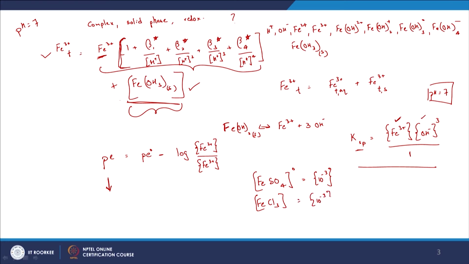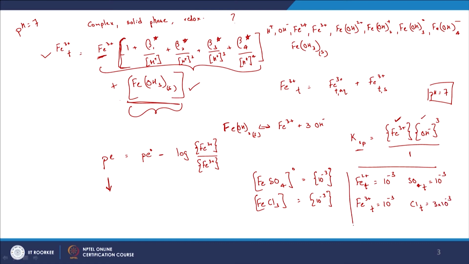Meaning Fe2+ total would be equal to 10 power minus 3 and SO4 total would be equal to 10 power minus 3, and similarly Fe3+ total would be equal to 10 power minus 3 and Cl- total would be equal to 3 into 10 power minus 3.